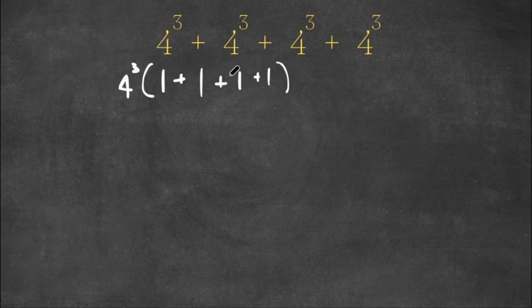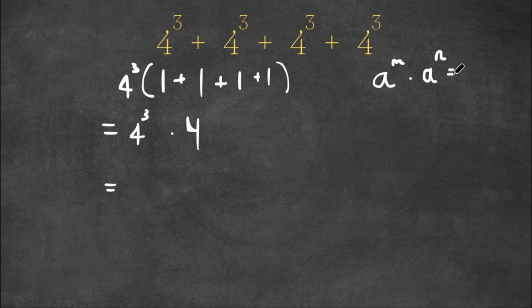Now let's simplify what's in the parentheses. What's 1 plus 1 plus 1 plus 1? 4. So now we have 4 to the power of 3 times 4. And this is equal to, well, whenever we're multiplying exponents, let's say we have a to the power of m times a to the power of n, this is equal to a to the power of m plus n.